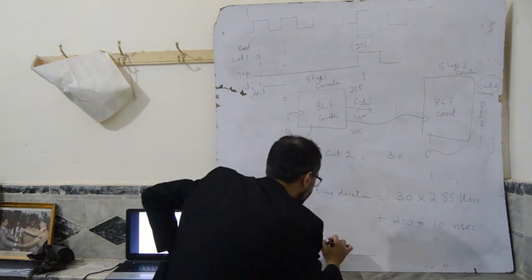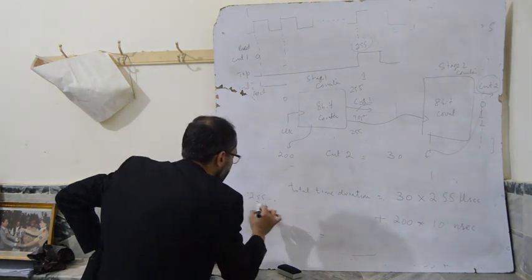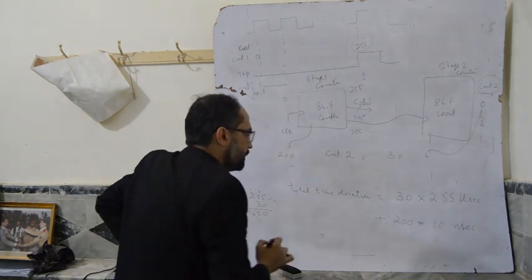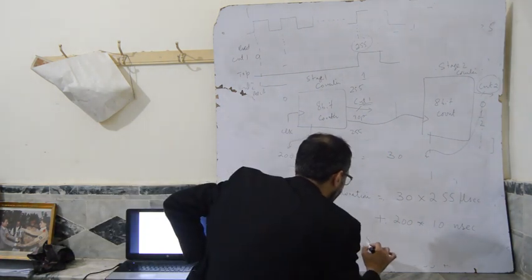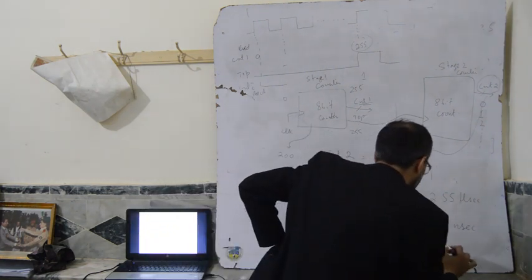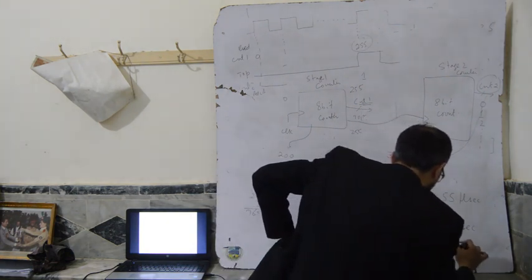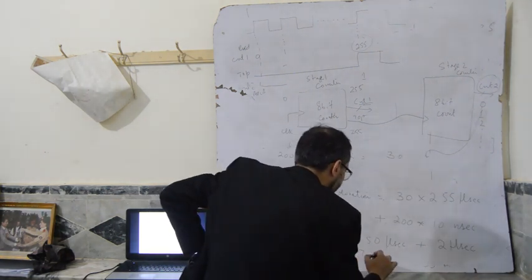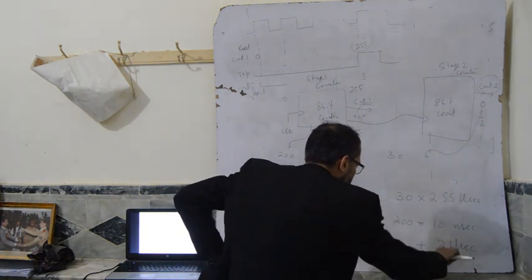So this will be equivalent to 2.55 multiplied by 30, which is 76.50 microsecond, plus 2000 nanosecond, which is equal to 2 microsecond. So the total duration will be 78.50 microsecond.